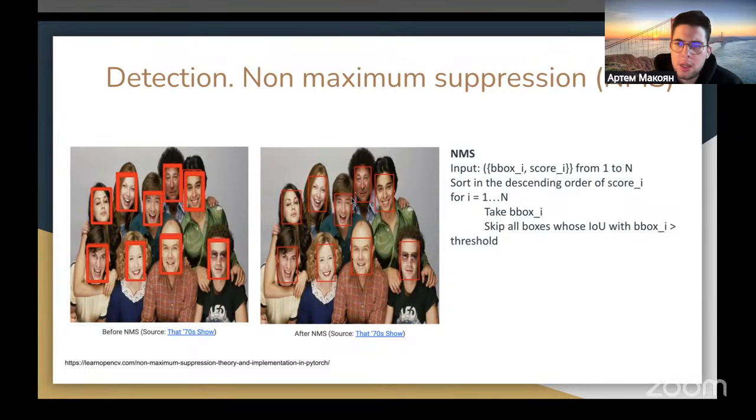Sorry, not 4. We also want to predict a score, so 100 by 5. Sometimes we want to predict something more, for example classes, if we want to not only detect objects but also classify them. Then we will predict a probability for each class, for example.